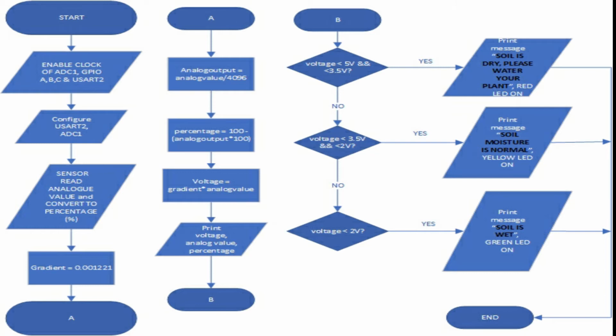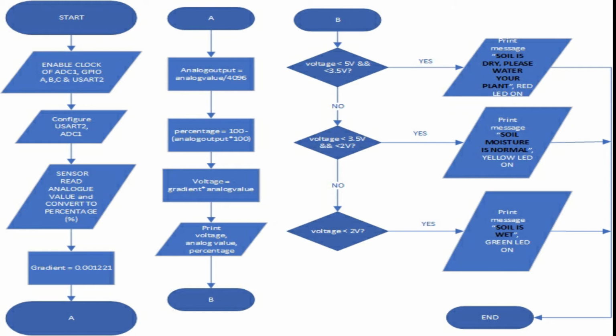As you know, this is a linear equation. We have the gradient of 0.001221, or we can say 1.2 milli. Then we move to function A, which will calculate the analog output, which is the analog value from the sensor, divided by 12-bit, and then the percentage is calculated by 100 minus, in brackets, analog output times 100.